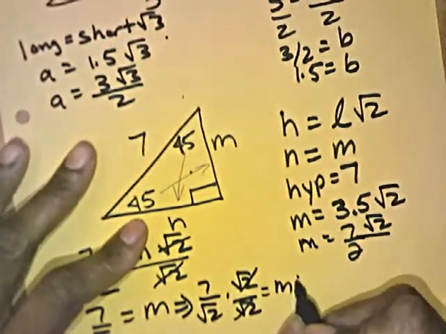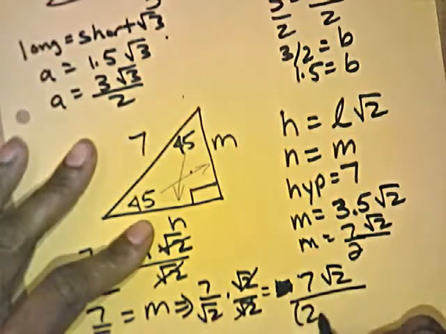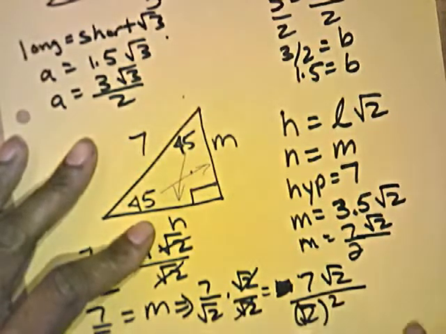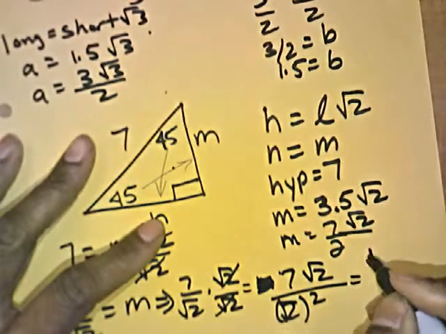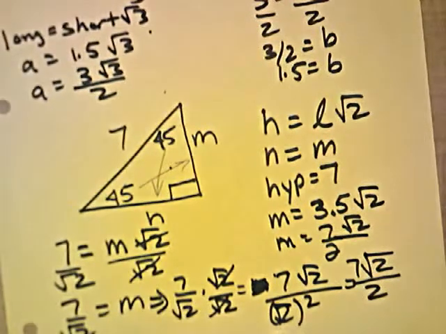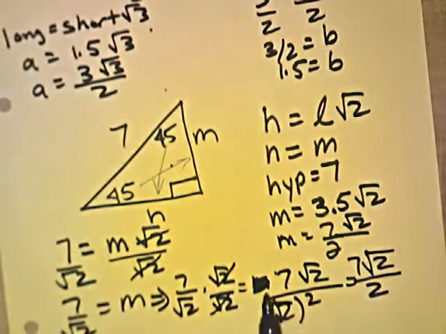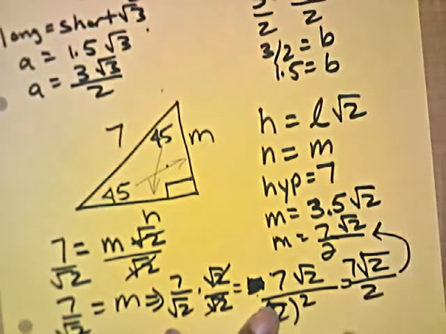I apologize. That's going to be 7 square root of 2 over 2, which equals 7 square root of 2 all over 2. Apologize. Those don't cancel. And didn't I say that's what our answer was going to be? It's right there.